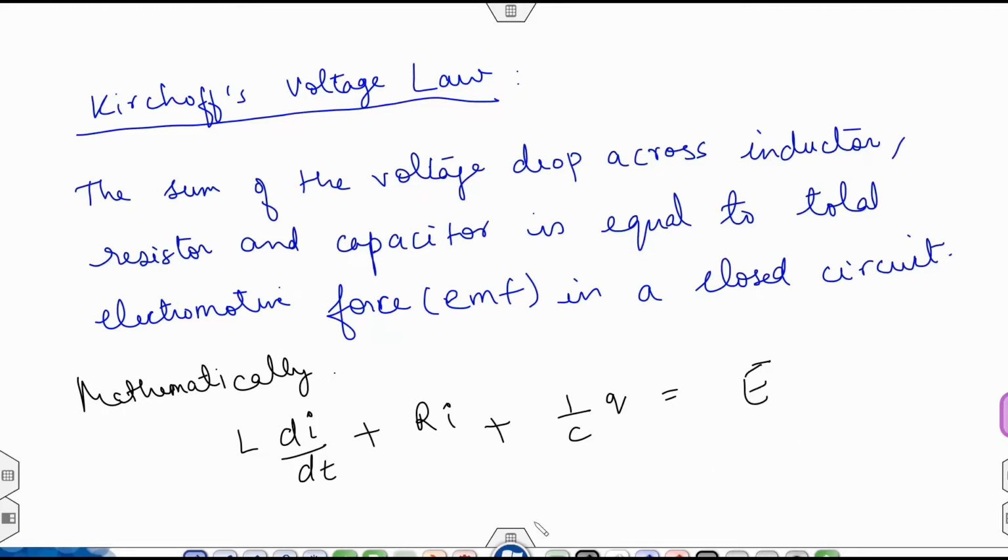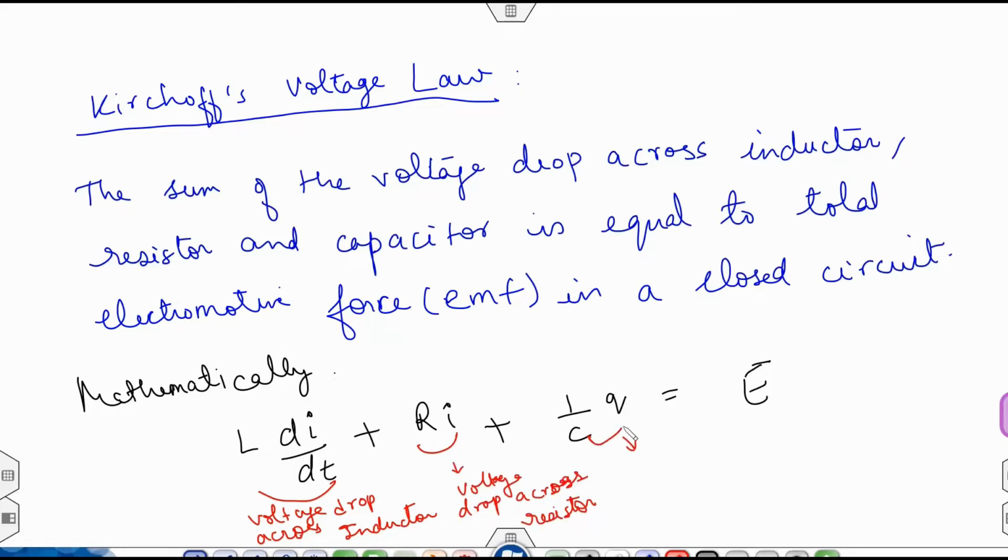So I'll just label it all. This is voltage drop across inductor. This is voltage drop across resistor. This is voltage drop across capacitor. And this one is the electromotive force. So I'll call this equation number 1.